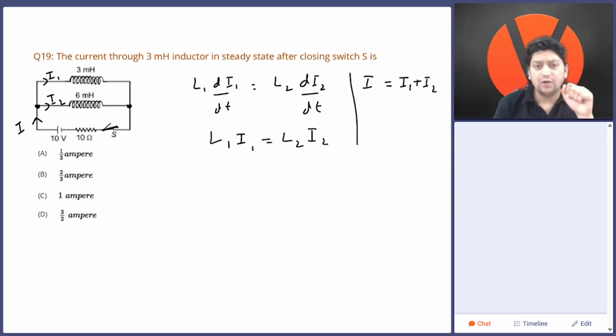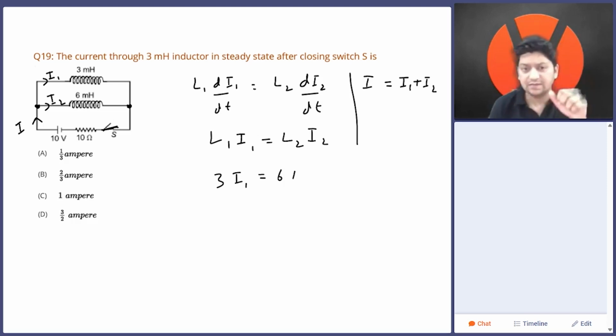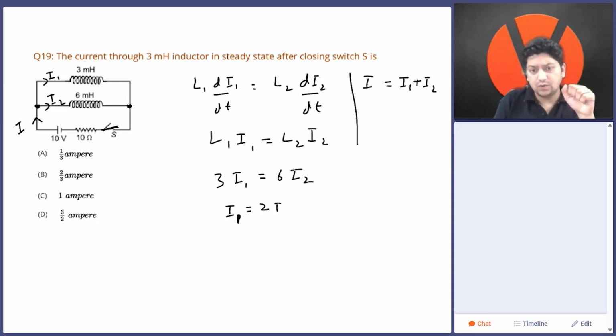What is the value of L1 and L2? I am keeping L1 as 3 millihenry and L2 as 6 millihenry. Milli will be cancelled out, so the relationship between I1 and I2 will be this: I1 is equal to 2 times of I2, right?